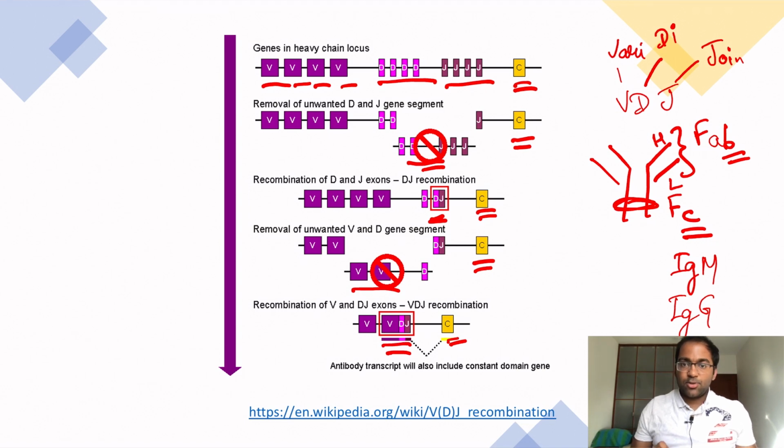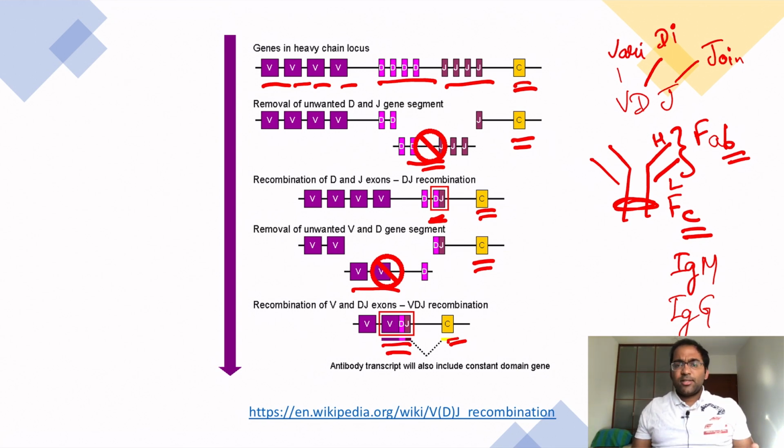Now the last step is to join the constant region that we did not touch to form the complex VDJC. Now this is how the FAB region is formed, and the FC portion is left constant.